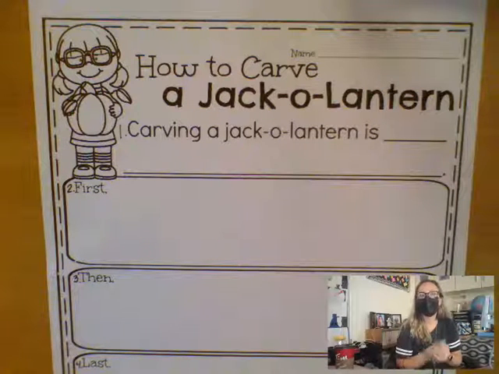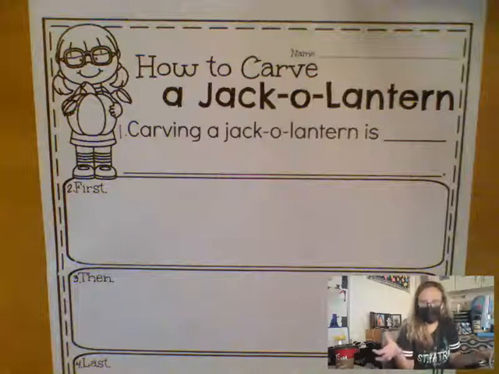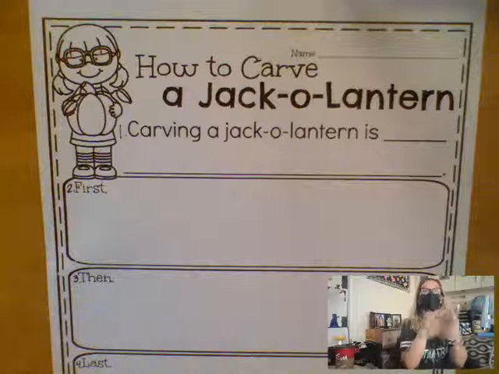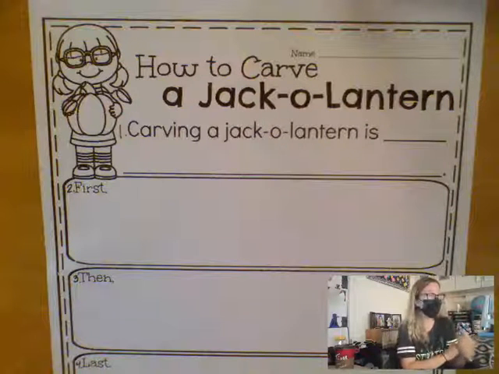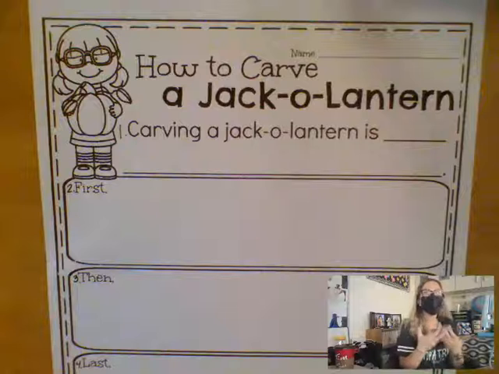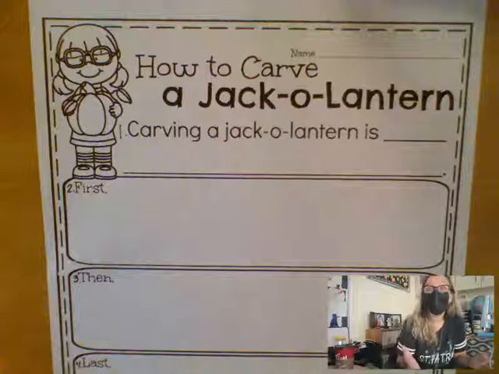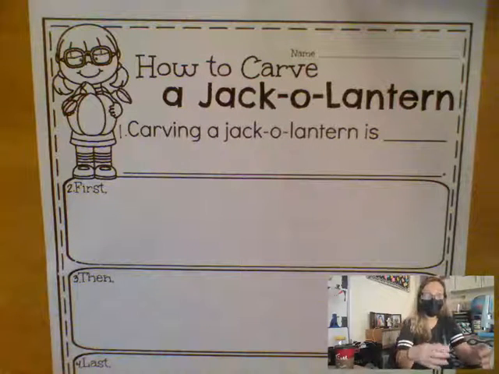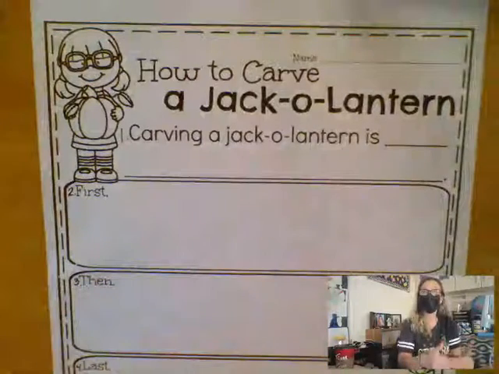So in your journals, just like we did with the Halloween writing, you are going to do some brainstorming to help you build the parts for this planning page.